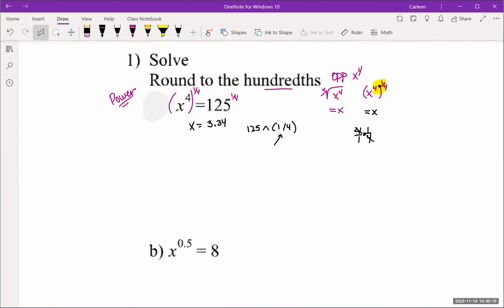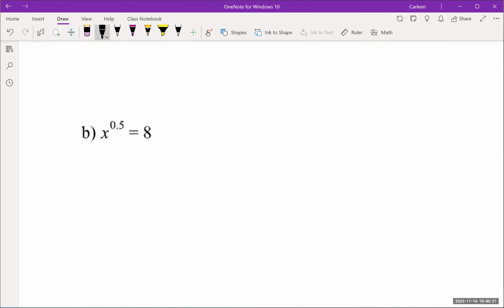Okay, B. Now there's a long way and there's an easy way. So here's what this is saying. X to the 0.5 is equal to 8. 0.5 is equal to what fraction? Thank you, 1/2. Now, I'm going to do something to both sides.